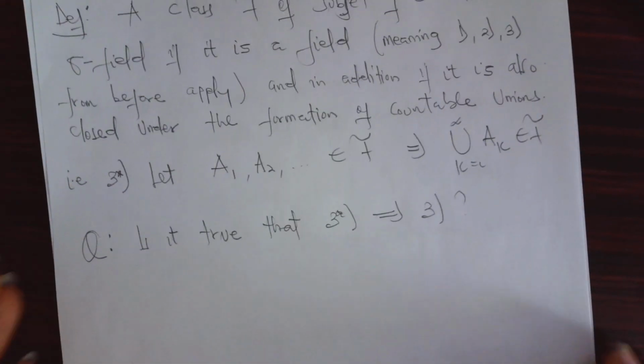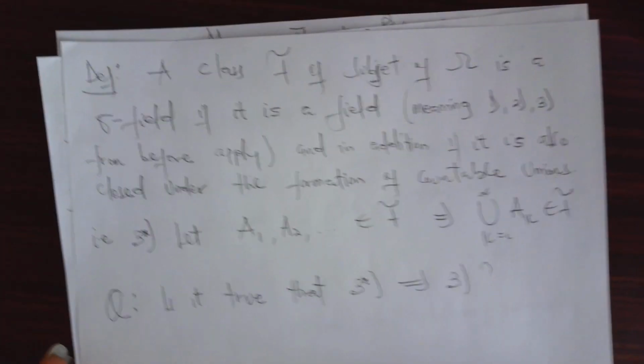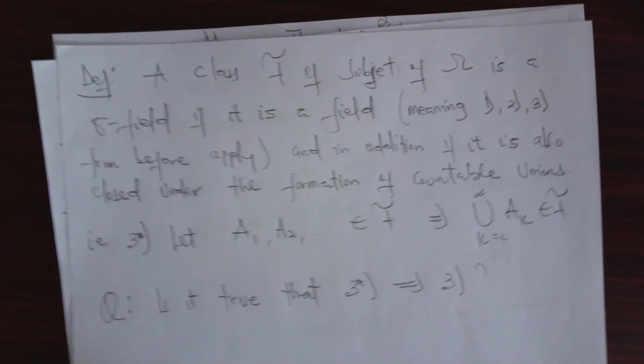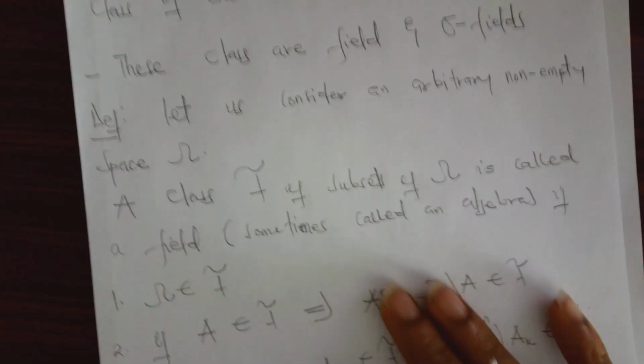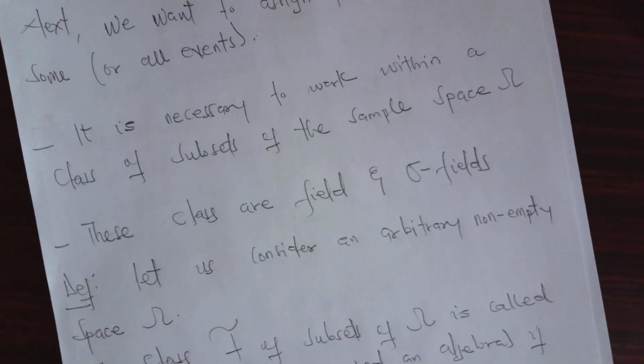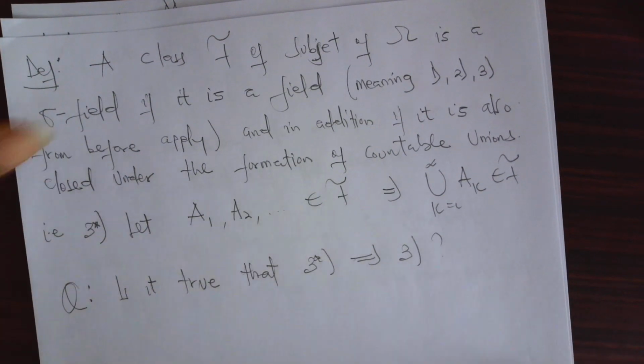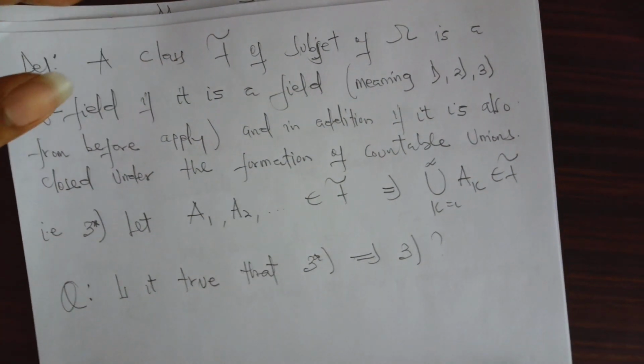A class F of subsets of omega is a sigma field if it is a field, which implies that conditions 1 through 3 need to be satisfied. In addition, it is also closed under the formation of countable unions.